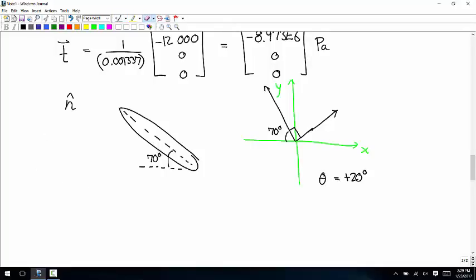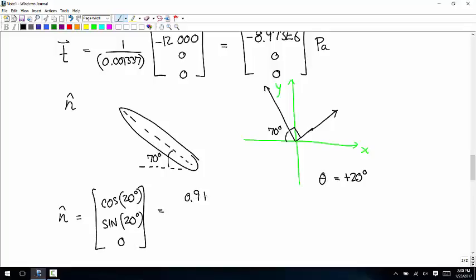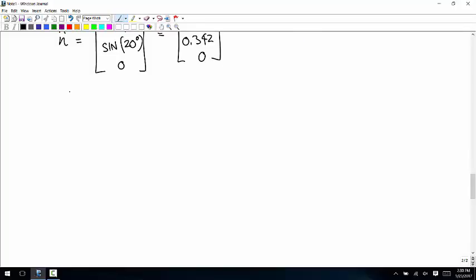So that outward facing normal is cosine of 20, sine of 20. Which is 0.940, 0.342. And now we can just set up the equation just like we did in 14.